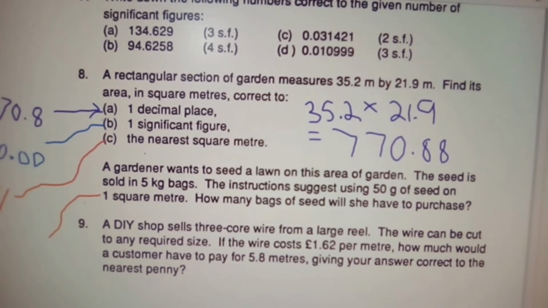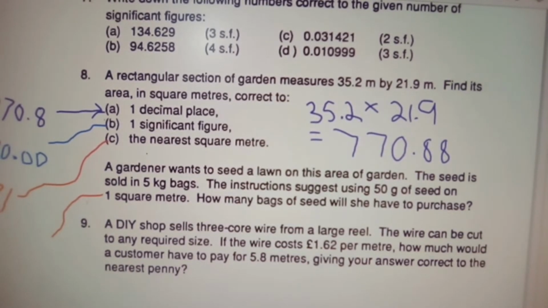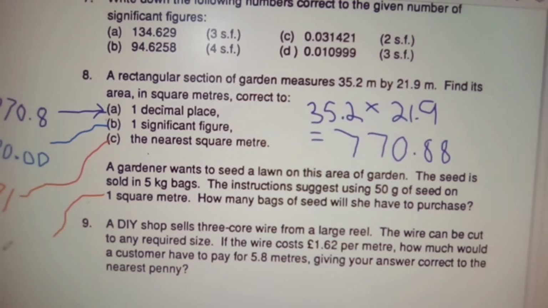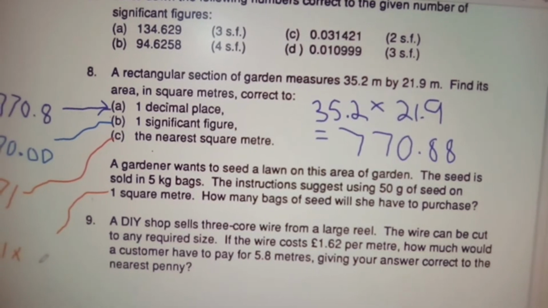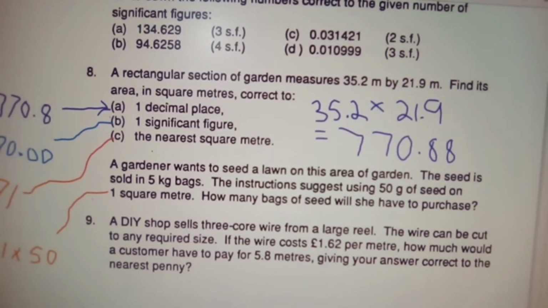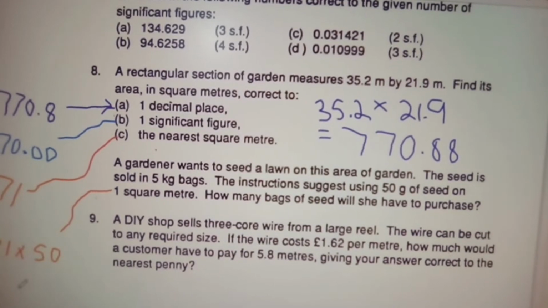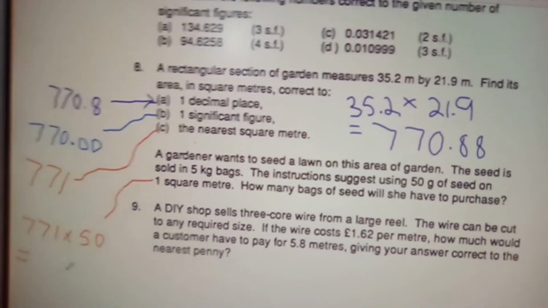So 50 times 771, okay? 771 times 50 grams equals, okay, what does that equal? Tell me. Come on. You should have done this by now already.